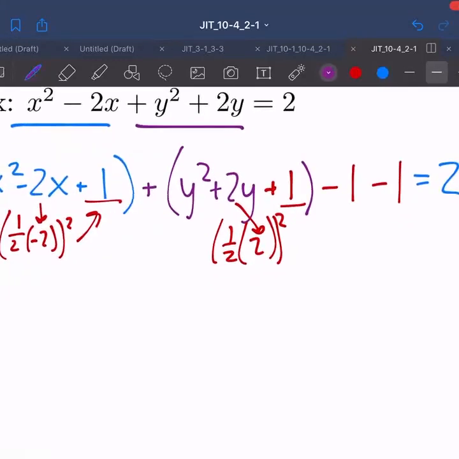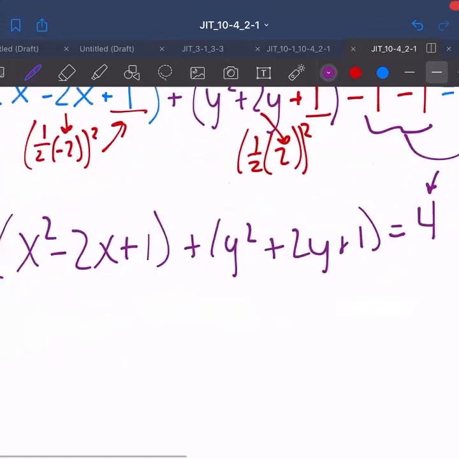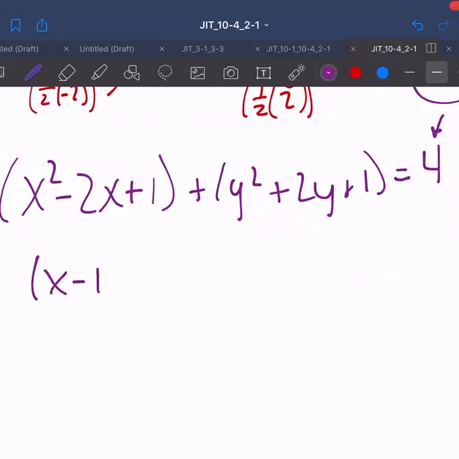Then we can simplify, and so we've got x squared minus 2x plus 1 plus y squared plus 2y plus 1 is equal to 4. This 4 comes from adding these over here. And then we can factor, so we get x minus 1 squared plus y plus 1 squared is equal to 2 squared.